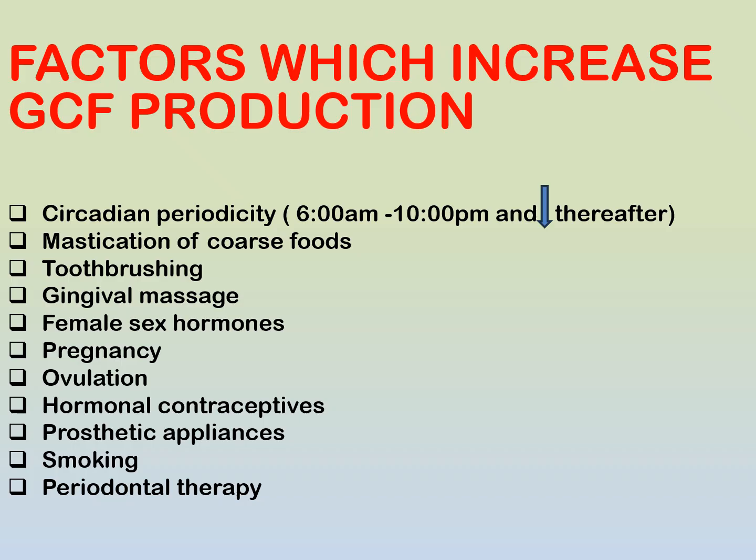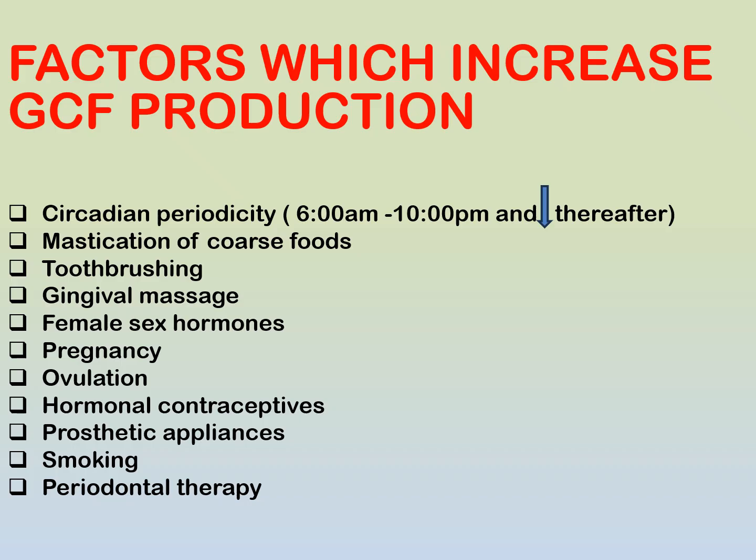So there are various factors which increase GCF production. First being circadian periodicity. GCF production is increased between 6 a.m. to 10 p.m. and thereafter it decreases. Mechanical stimulation, chewing of coarse food and vigorous gingival brushing stimulate the flow of GCF.